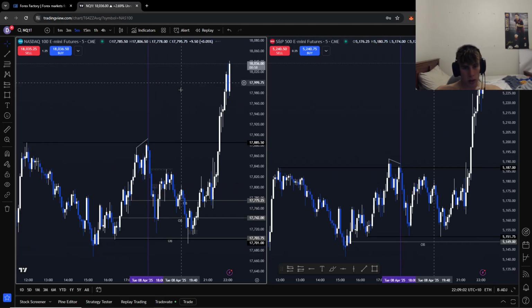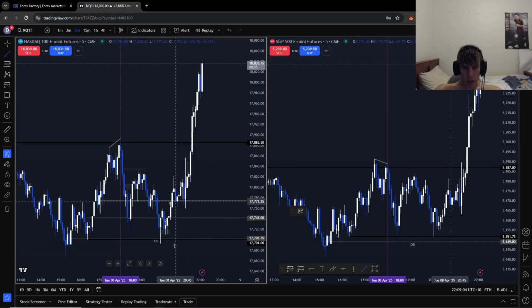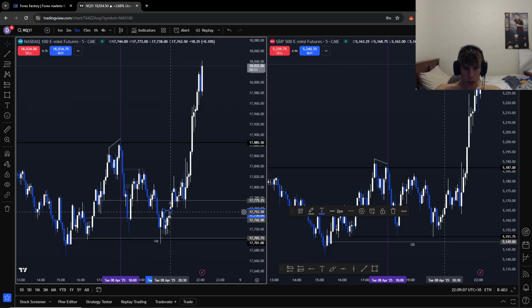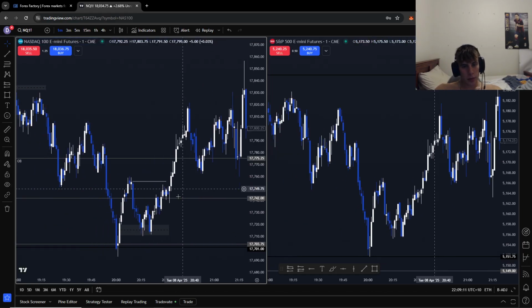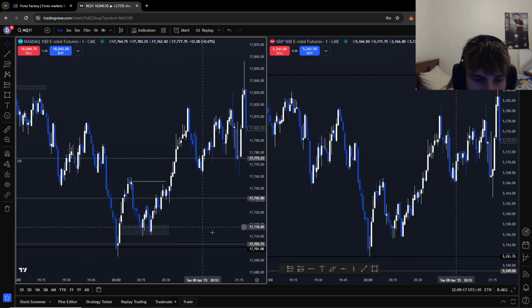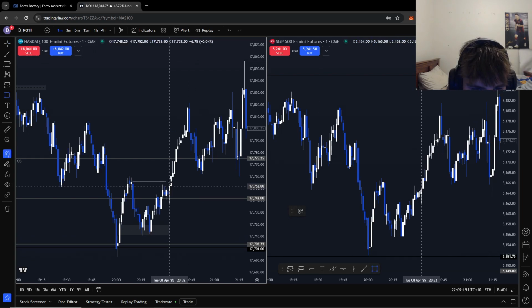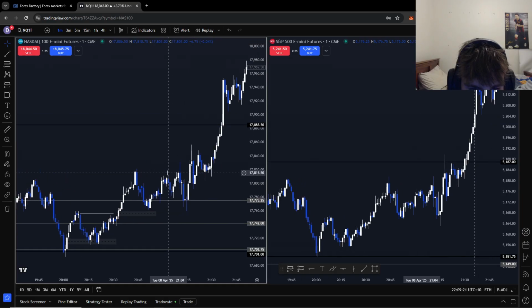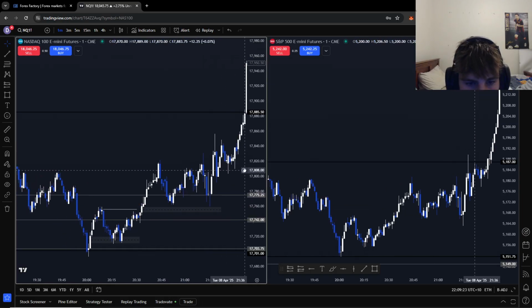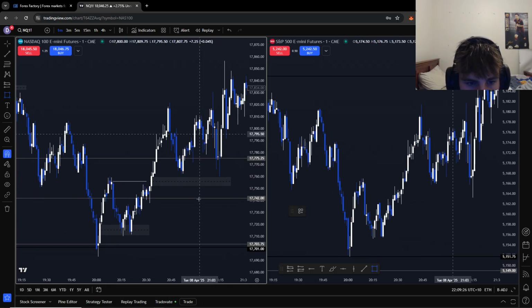Then where's the break of structure? Then after the break of structure, at 8:30 here, we get no fair value gaps. This bottom fair value gap doesn't get tapped. Shit, which one is it?